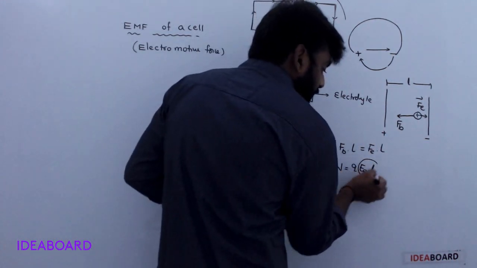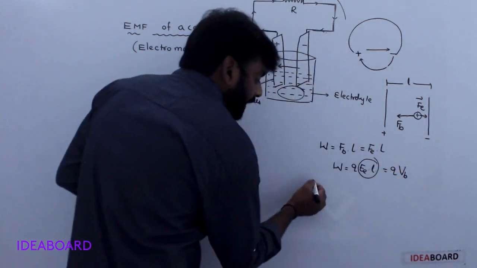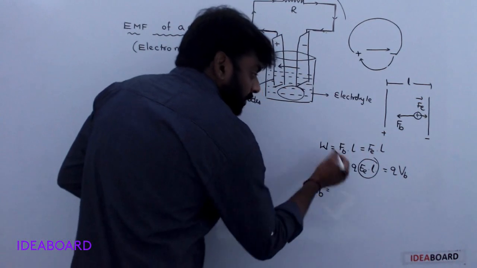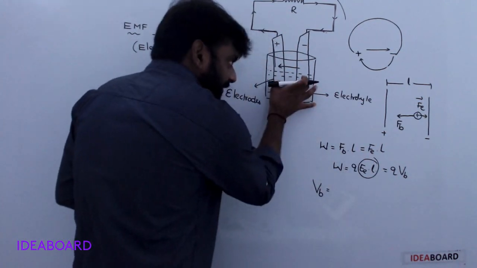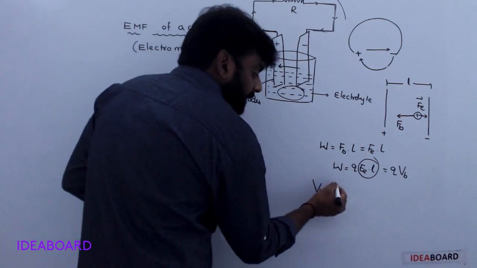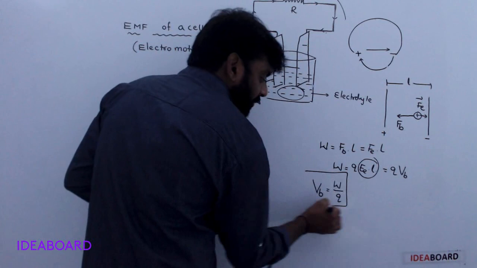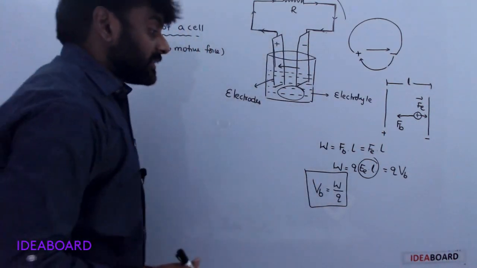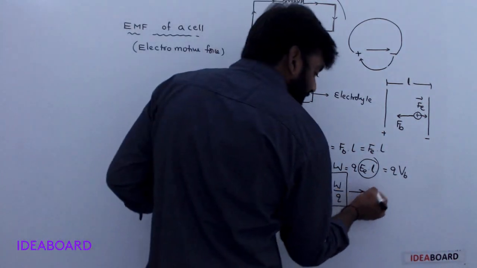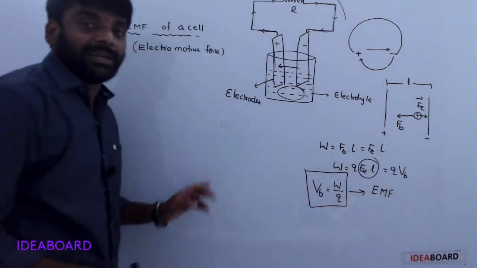Now this is the battery potential. The potential difference between these two plates is equal to W by Q. Simply, this is called EMF.